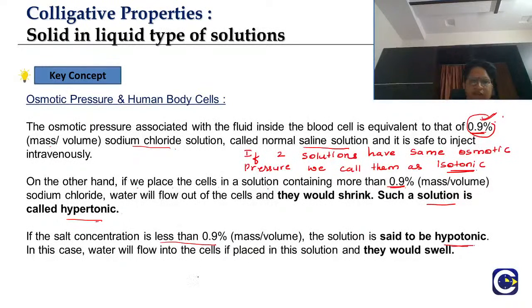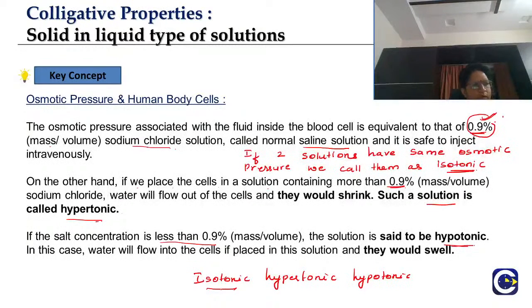We have three different types of solutions: isotonic, hypertonic, and hypotonic. Isotonic solutions are those where the osmotic pressure of two liquids is the same.